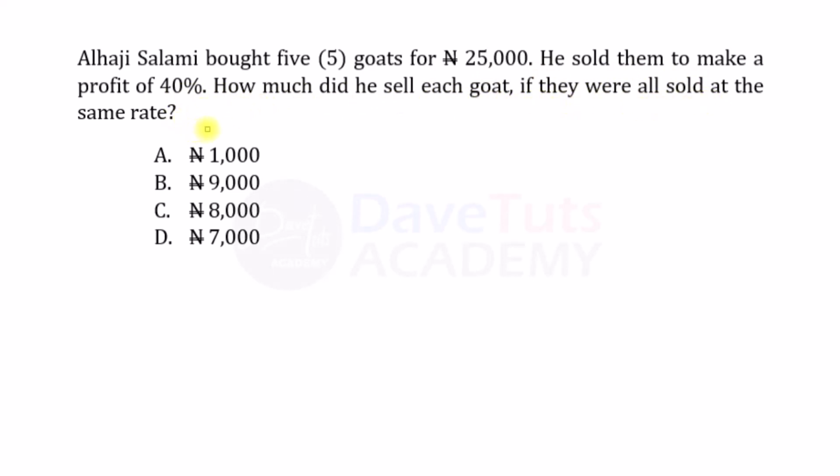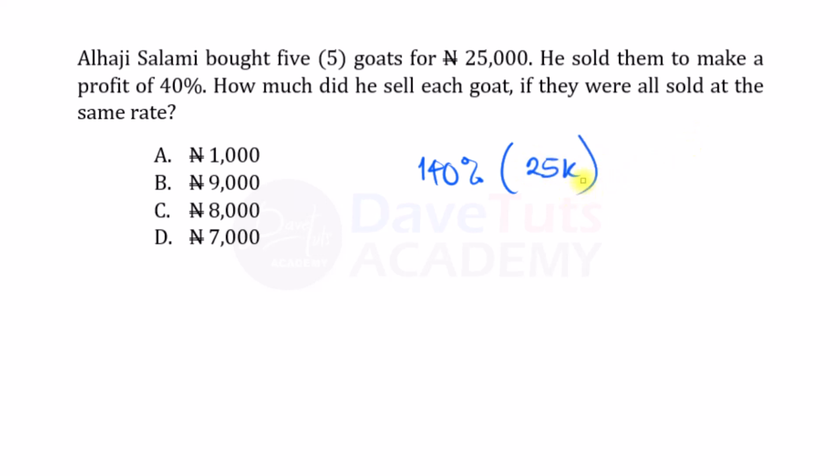So that is giving us a very good point to note. Now, he sold them all to make a profit of 40%. You can just say that a profit of 40% means he's having a total gain of 140% of his cost price, which is 25,000.